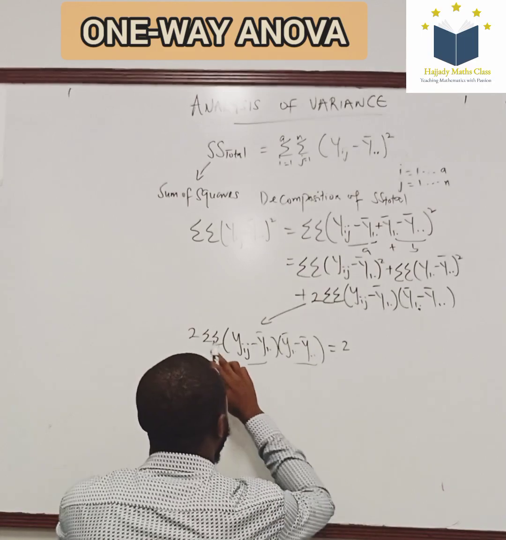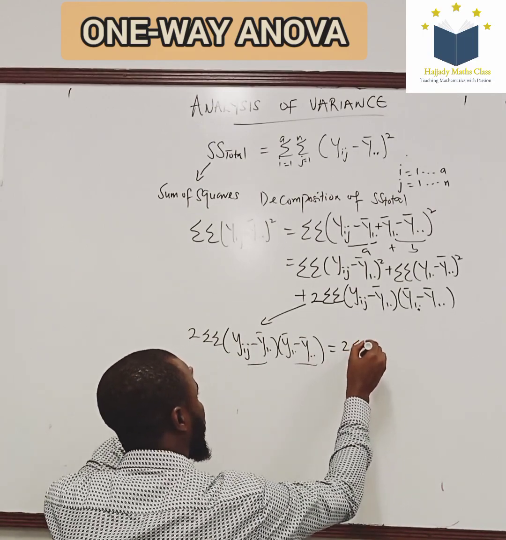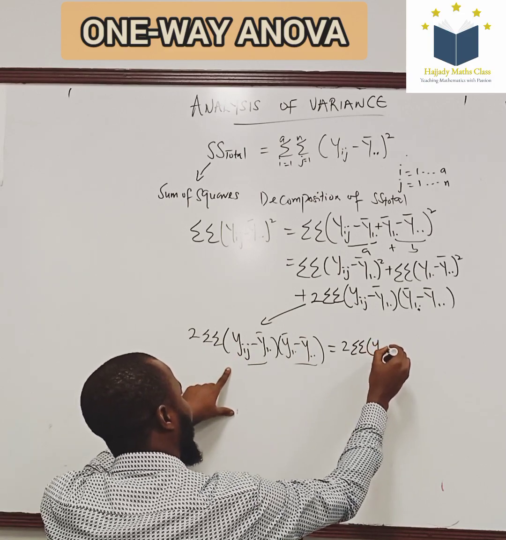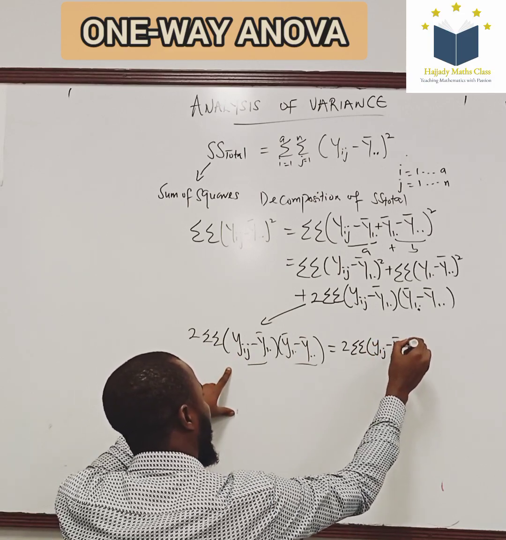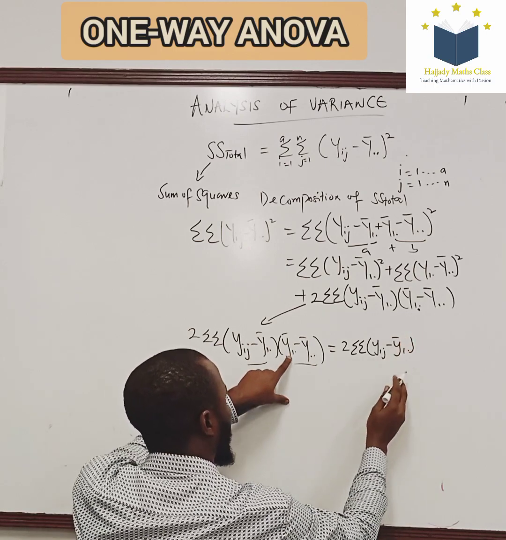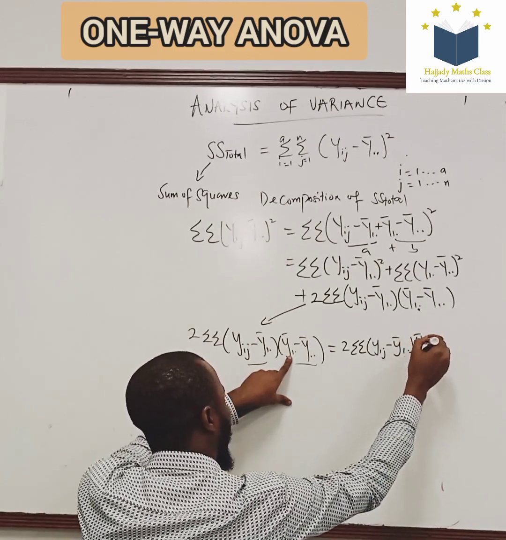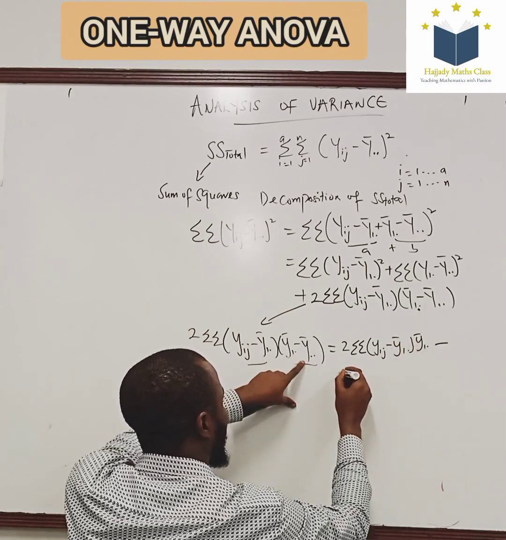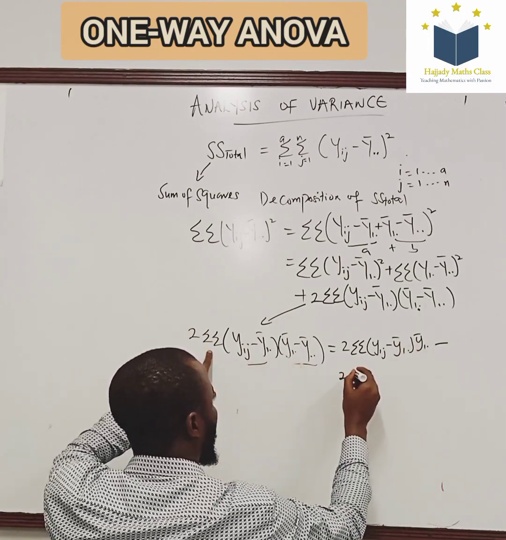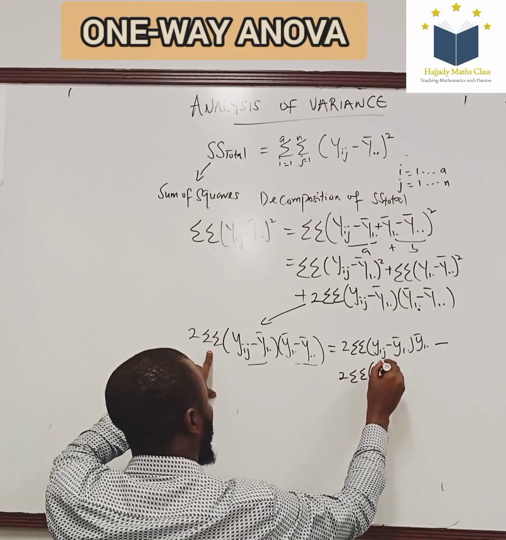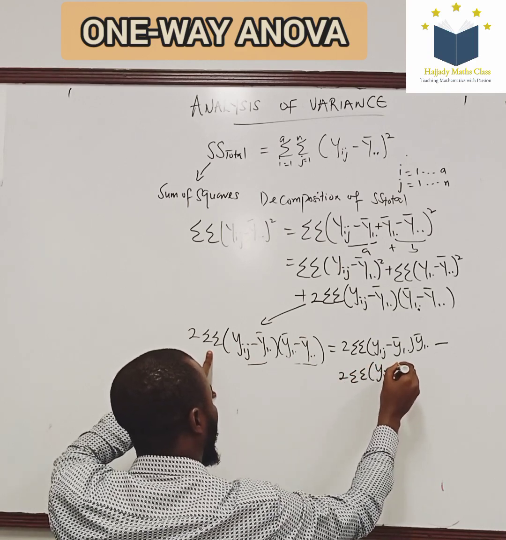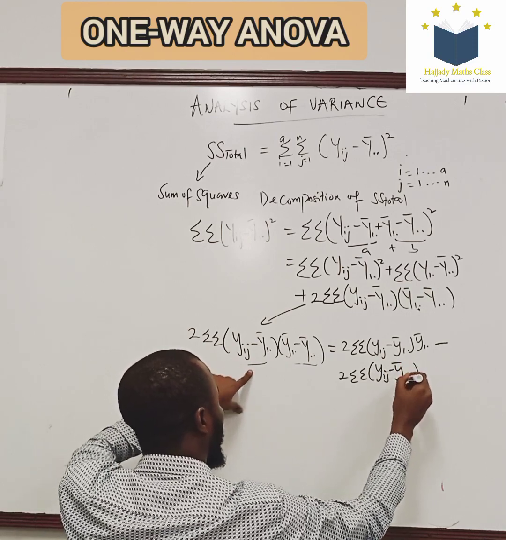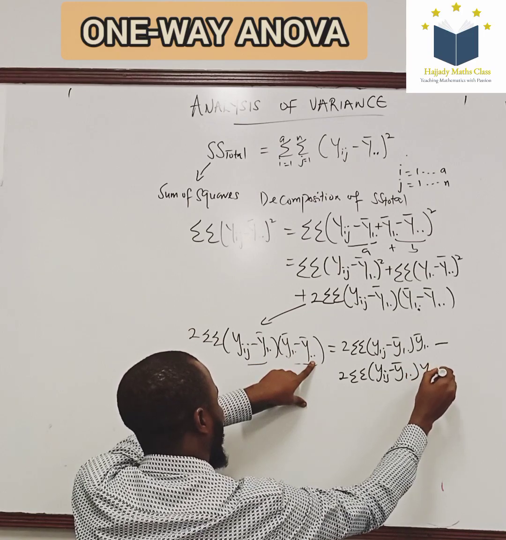So here I have 2 double sum Yij minus yi dot bar multiplied by yi dot bar, minus 2 double sum Yij minus yi dot bar multiplied by what? Y dot bar.